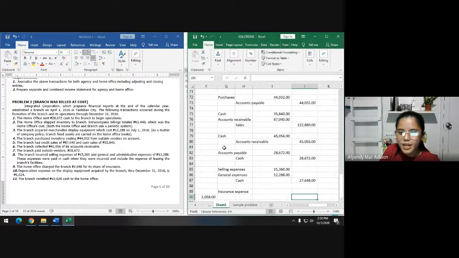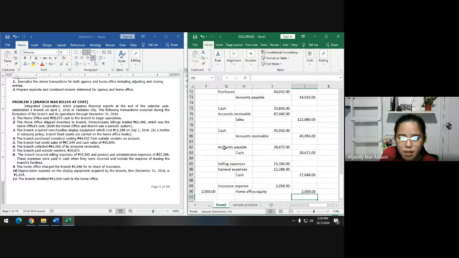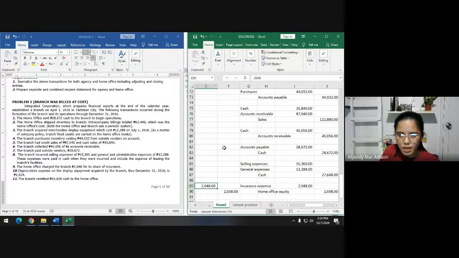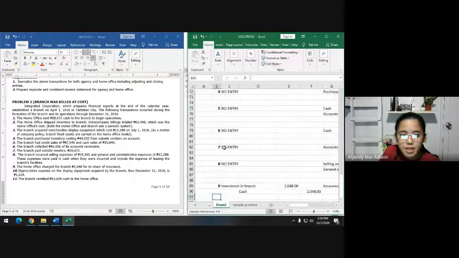And then on the part of branch, debit insurance expense and credit to home office equity, amounting to 2,048.